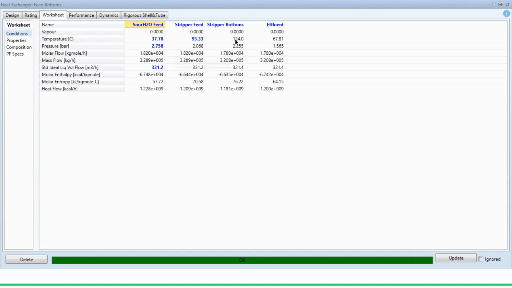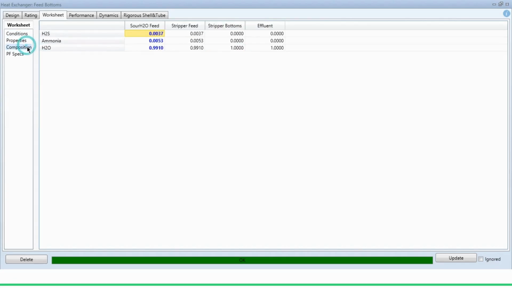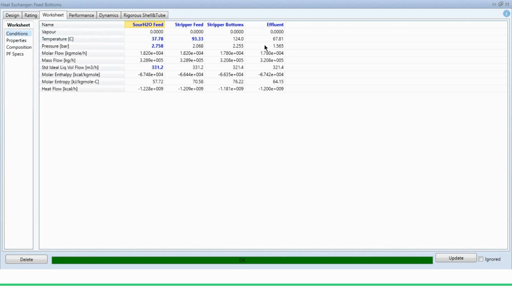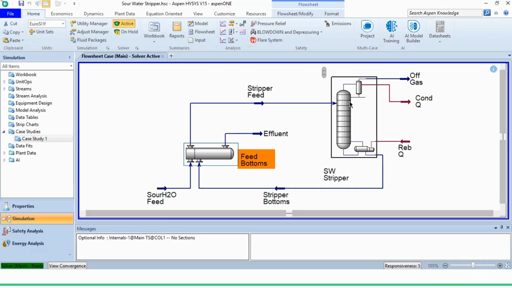For the stripper bottoms, we get the stream at 124 degrees centigrade, 2.255 bar, and the molar flow is 17800 kmol per hour, while the composition given here is pure water, or the sour part is removed from this water. It goes to 67.81 degrees centigrade. The pressure is 1.565, and the rest of the conditions remain the same.